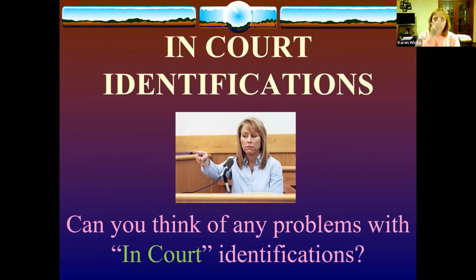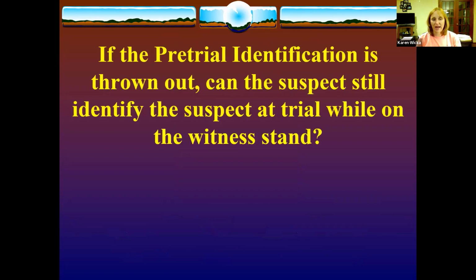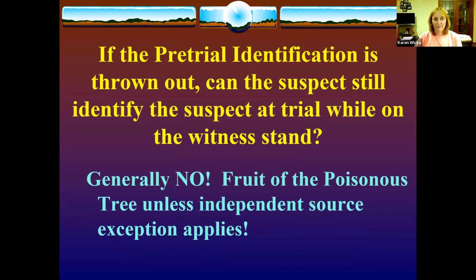So that's all pretrial identifications, but don't forget, we still have these in-court identifications. So the problem is, if you have a faulty out-of-court identification, can the person then take the stand and make the identification in court? And the answer is no, okay? So it's fruit of the poisonous bad prior identification.